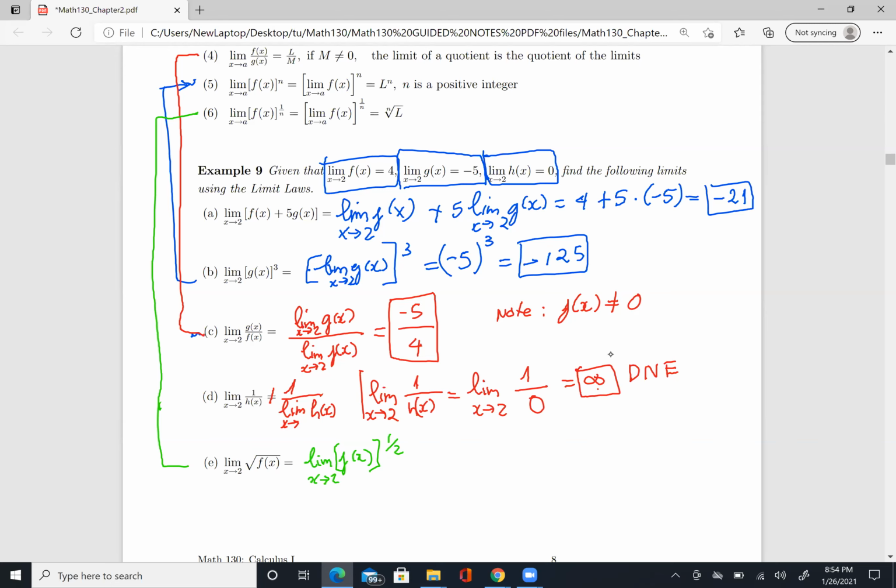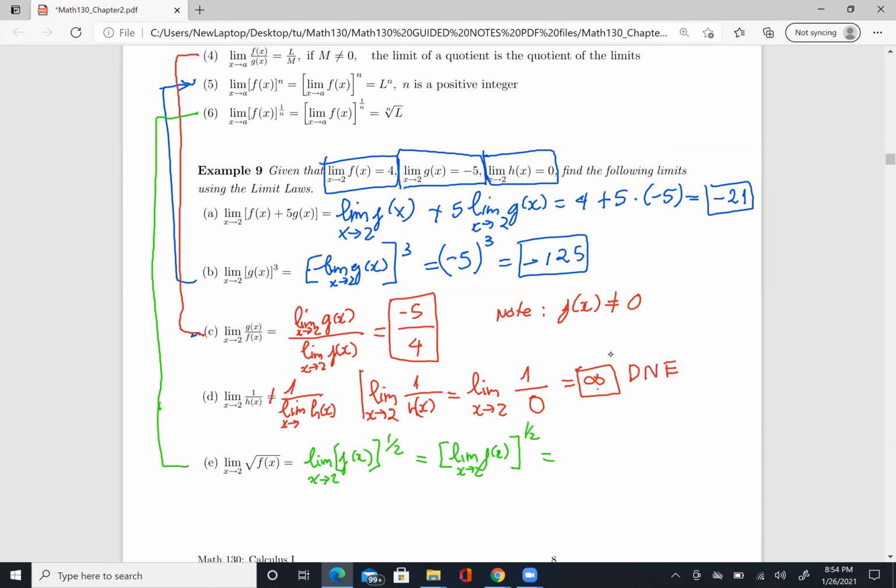And then, using problem 6, I can make it the limit of fx when x goes to 2, to the power 1/2 here.